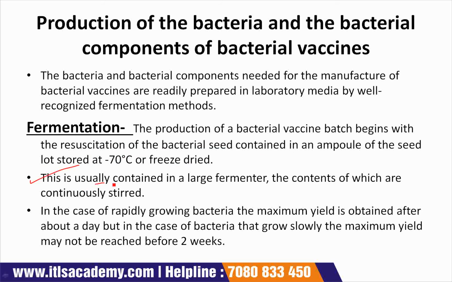This is usually contained in a large fermenter, the contents of which are continuously stirred. Usually, the pH and the oxidation reduction potential of the medium are monitored and adjusted throughout the growth period in a manner intended to obtain the greatest bacterial yield.